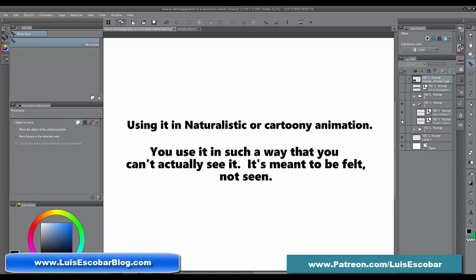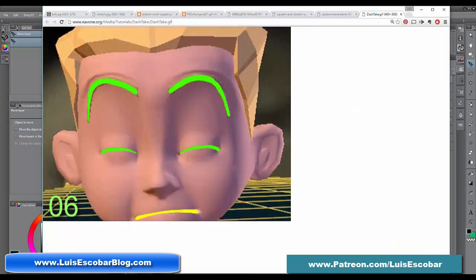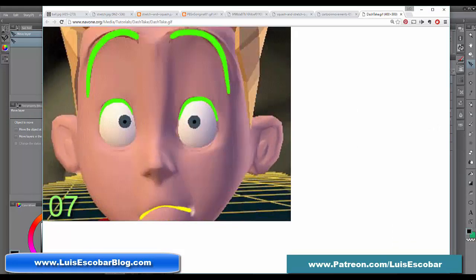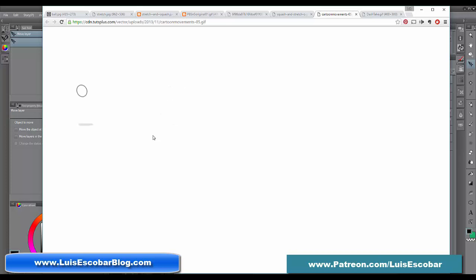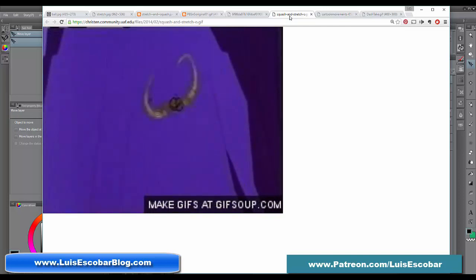So again, if we go back to the examples that we just went through, we're only seeing it because I'm pointing it out. But really, you're not paying attention. If you were just to see this on its own, you would just notice that the ball is bouncing. You wouldn't notice that anything was squashing or stretching at all. That's not the point. You would only get the sense of speed here.